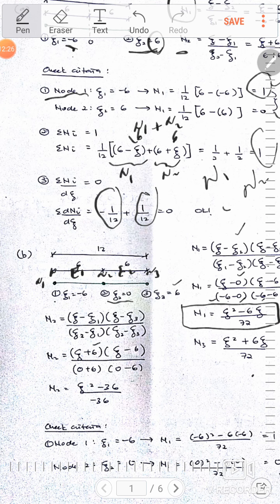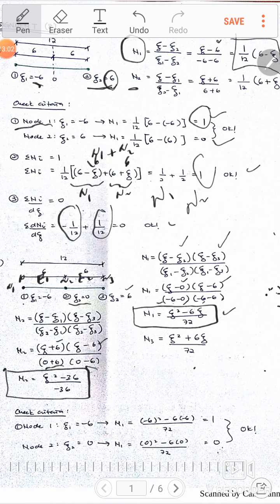At zeta minus zeta 3, zeta 3 is 6. Zeta 2 is 0, minus zeta 1, zeta 1 is minus 6, minus with minus, you will get positive 6, and for zeta number 3 is 6 here. After you make it simple, I will get N2.